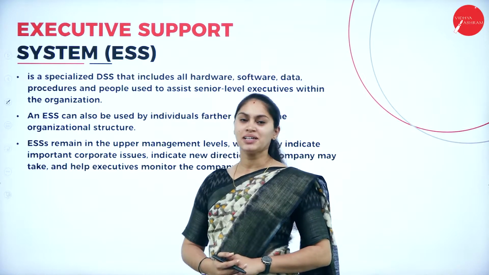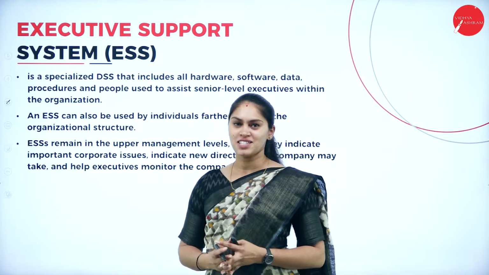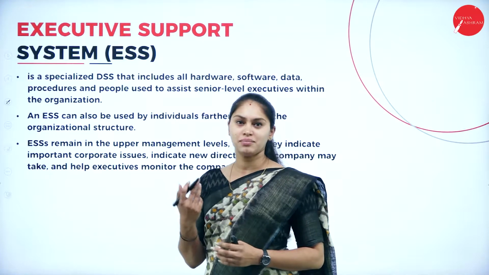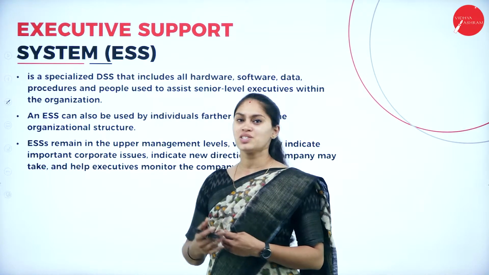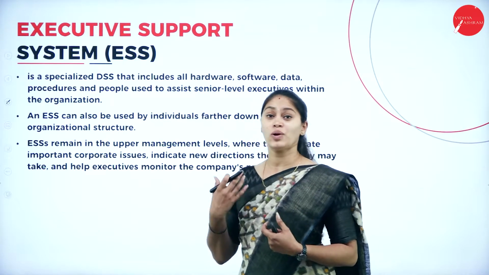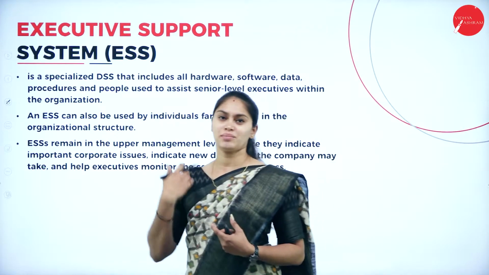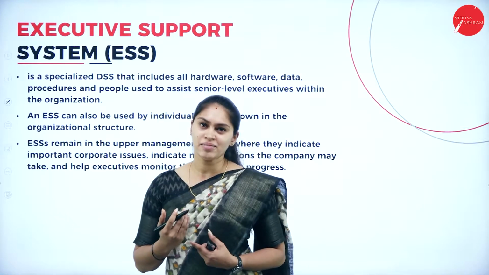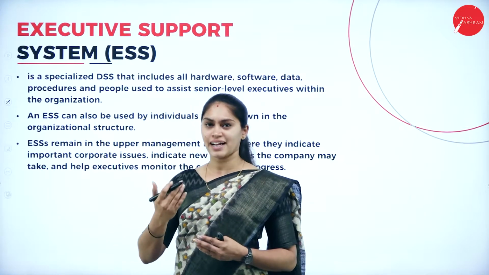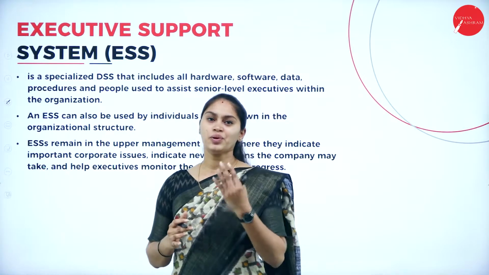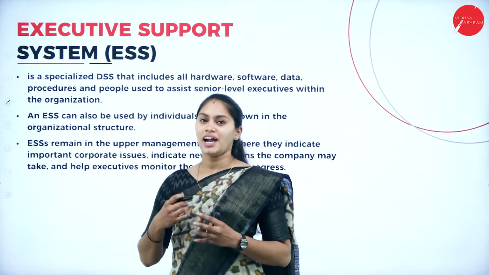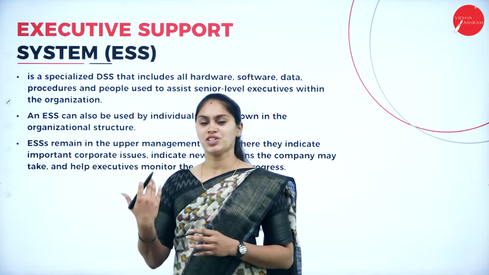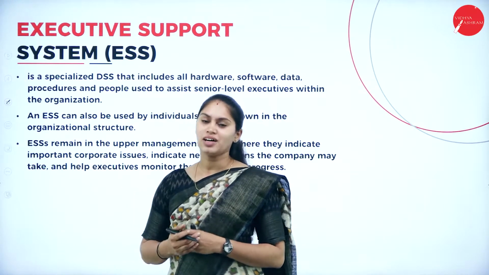As we all know, management does not consist only of a top level; it has a middle level and it also has a lower level of management. The lower level gets guidelines and assistance from the middle level, and that middle level gets assistance and guidelines from the top level. Then who is going to help this top level in order to make business decisions and take any actions internal or external to the organization?